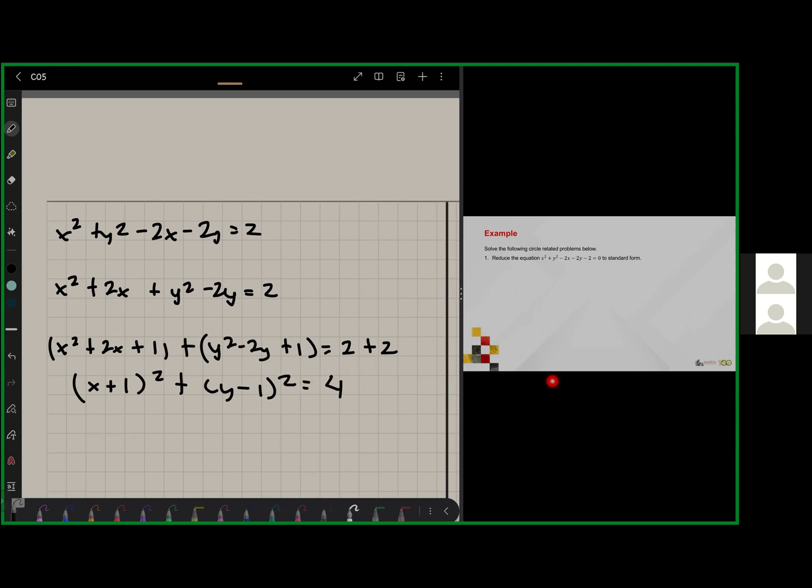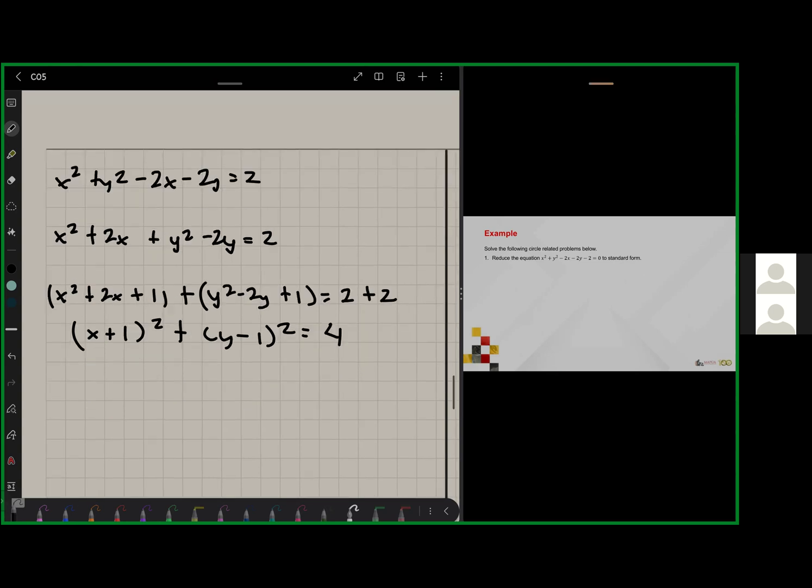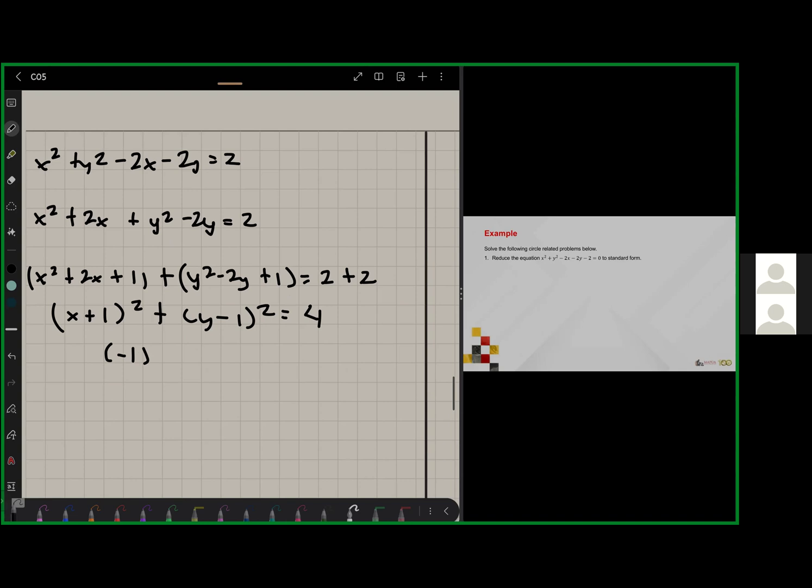So therefore, this is our equation. The center of this is negative 1, comma 1, since this is our h comma k.